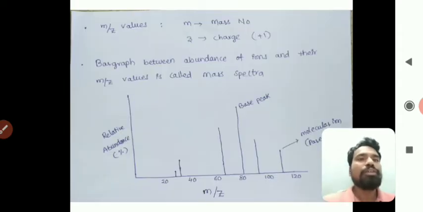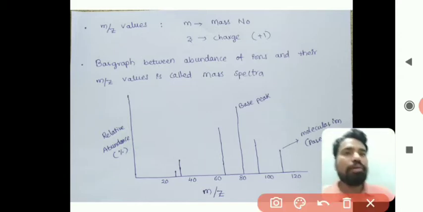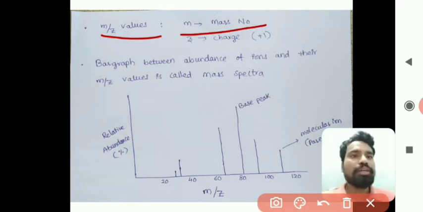Right. So whatever cations are formed through the process of fragmentation, all those cations are separated by their m by z values. So m means mass number, and z is charge.